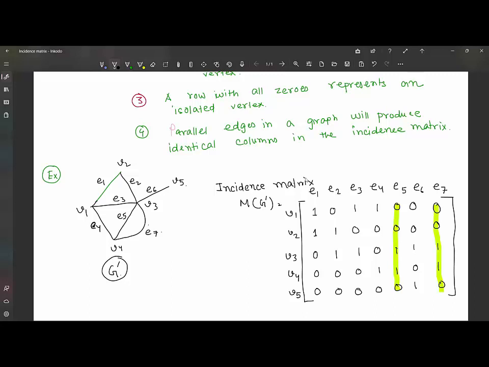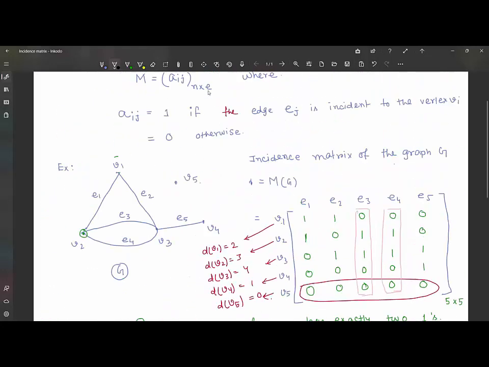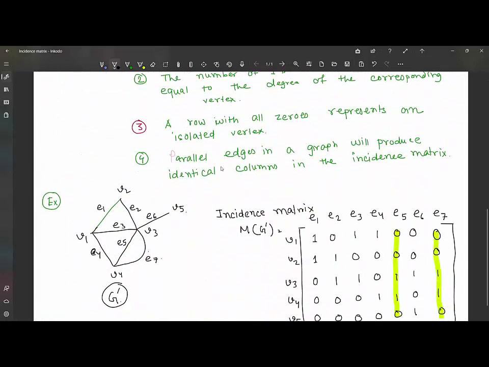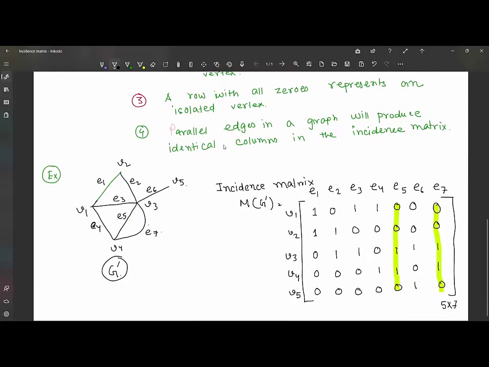So now this is the incidence matrix, this is the 5 cross 7 incidence matrix corresponding to that graph. This is the process of drawing the incidence matrix from the graph if the graph is given, and this is for the connected graph.